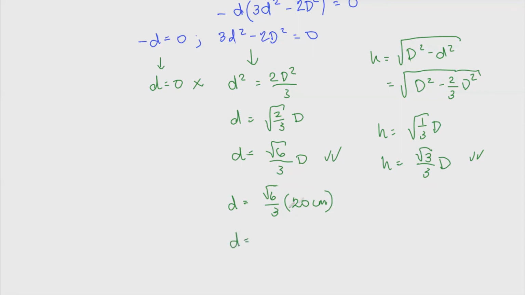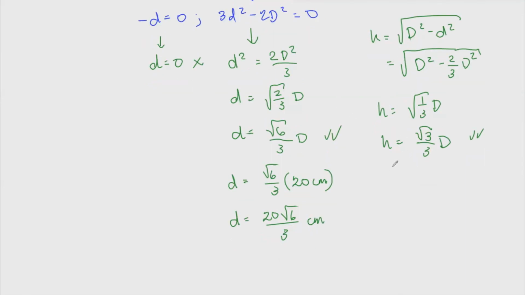So that's just 20 square root of 6 over 3 centimeters. And now for the height, we could just substitute d. So we have h is equal to square root of 3 over 3 times 20 centimeters. So the height is simply 20 square root of 3 over 3 centimeters.